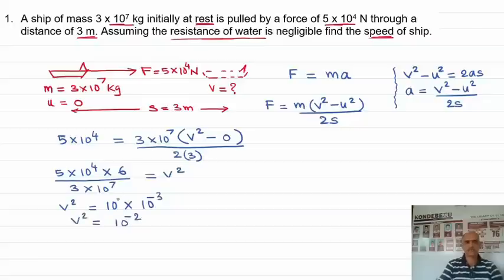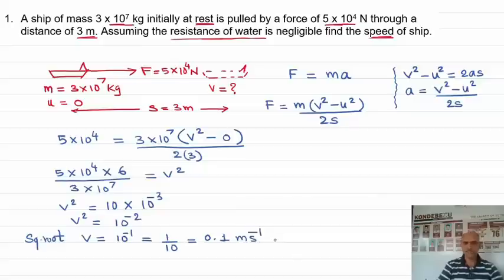So if you take the square root, you will have the value of v. v is equal to 10 raised to minus 1, or you can say 1 by 10, or 0.1 meter per second. This is the value of v: 0.1 meter per second. Clear?